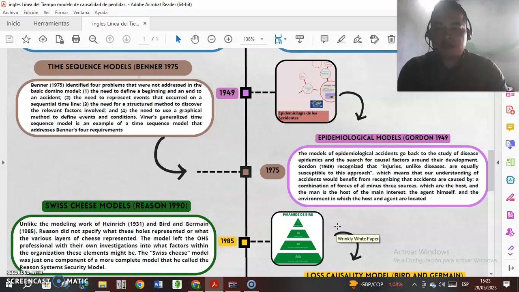The need for a structured method to discover the relevant factors involved. The need for graphical methods or definite binary conditions. The ten second model is an example of the time sequence model that addresses binary recurring events.